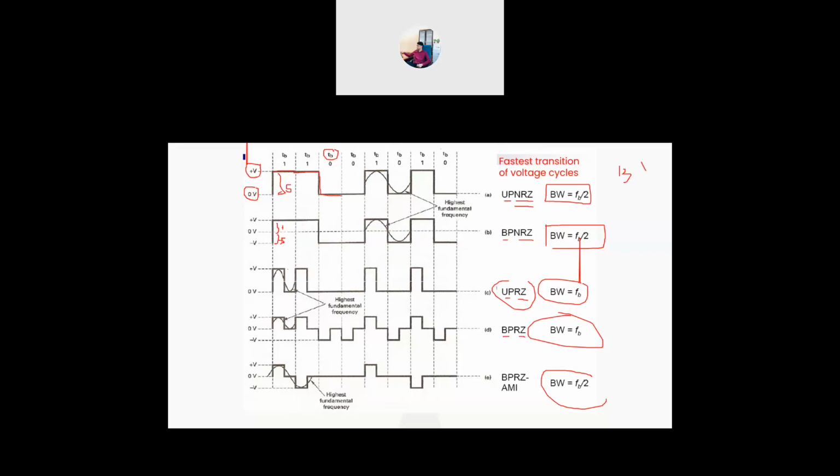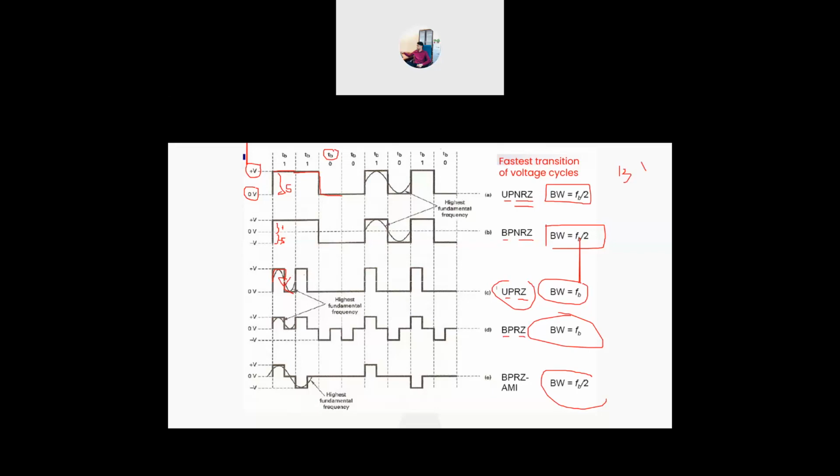So next is your return to zero. Return to zero, if you see from the slides, will go back to value 0 for each clock cycle. So this is the clock cycle. If you have a given 1, it will return to 0 for each clock cycle.